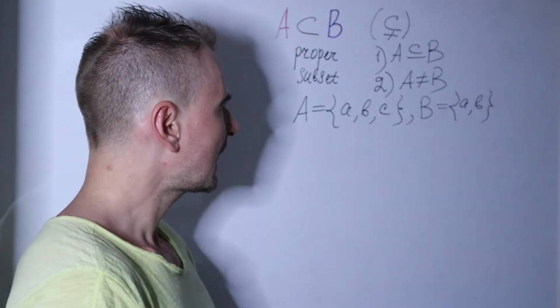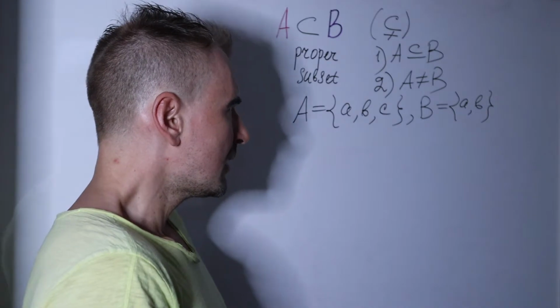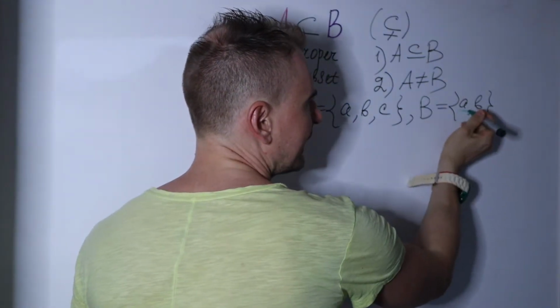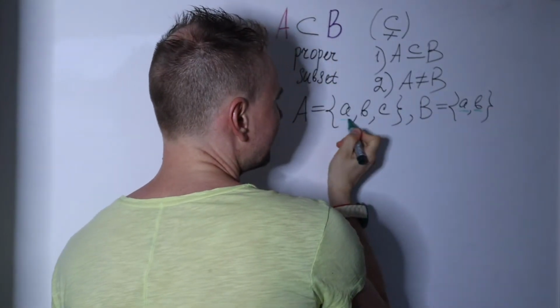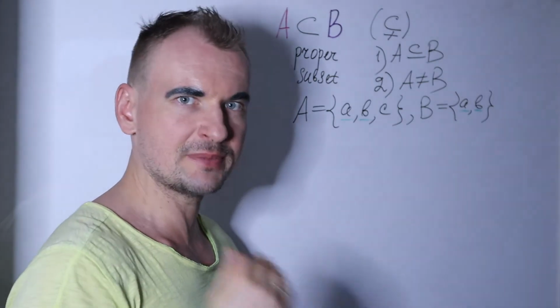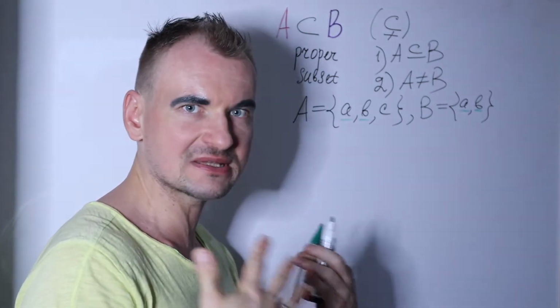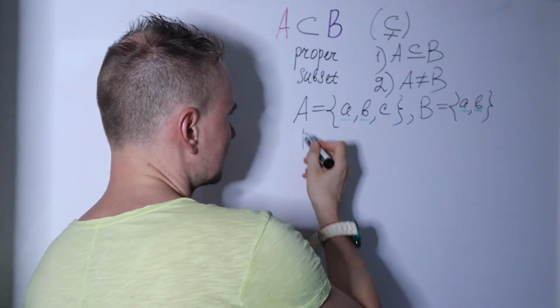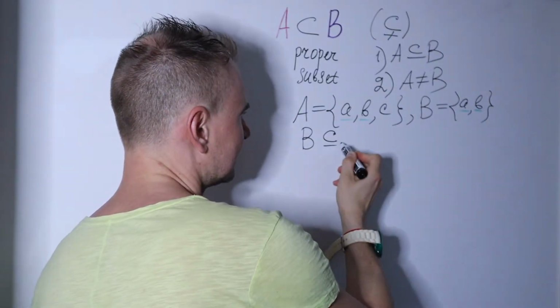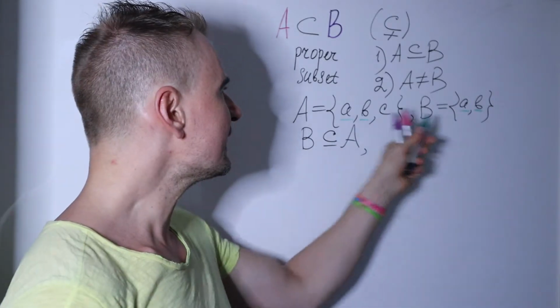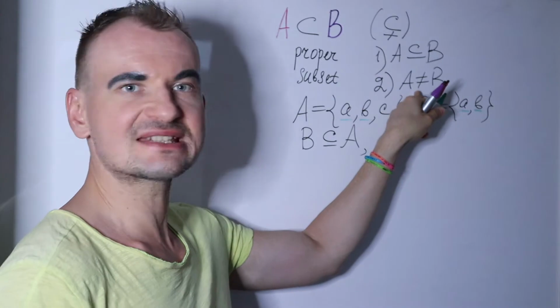The elements of B, which are a and b, are precisely in set A. So we could conclude that B is a normal subset of set A, and we could just write it: B is a subset of set A. But also B and A are completely different sets.